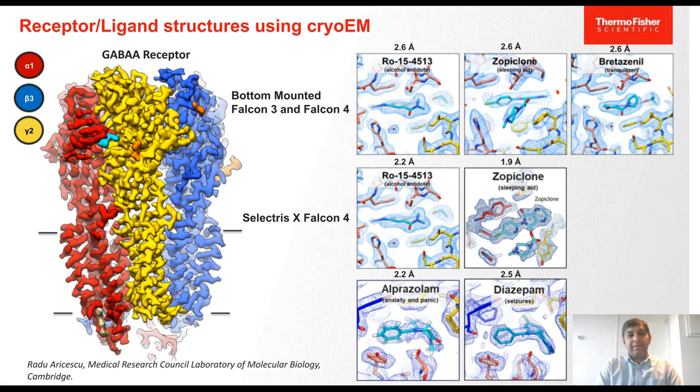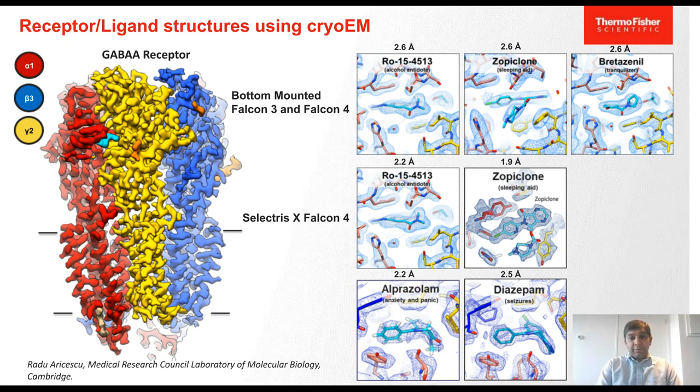So now we have this range of structures with all these different drugs bound within this GABA receptor, and Radu's team is working on trying to understand the function of this and use this structure to do some rational design to make the drugs better, to reduce the side effects, to just improve their capabilities. So this is what we can do with cryo-EM, with Cryos and Selectris and Falcon 4.